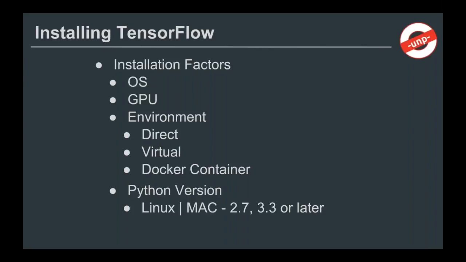These are the versions that are supported currently. For Windows, we definitely need 3.5 or later. So for all those folks out there who have Python 2 running on their systems, I request you to upgrade to Python 3.5, or you may install a virtual environment and install Python 3.5 there.